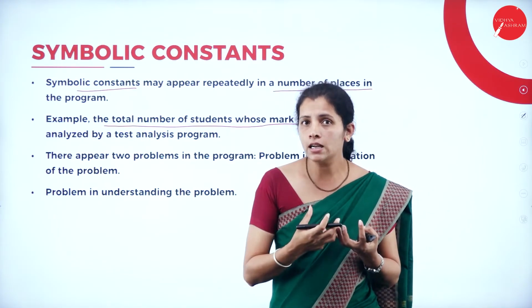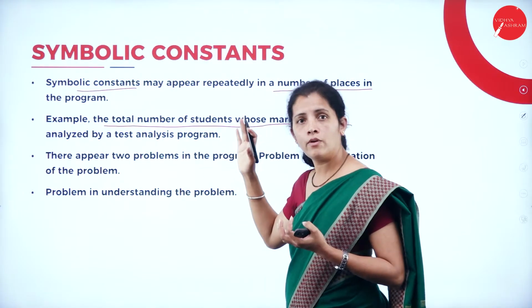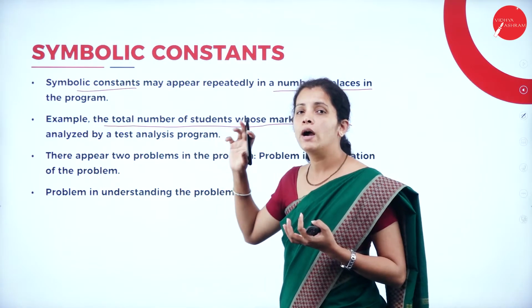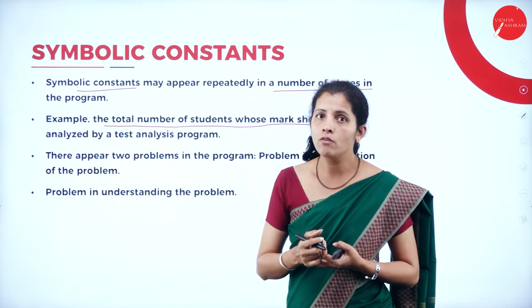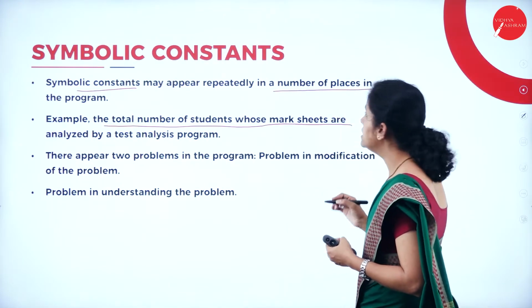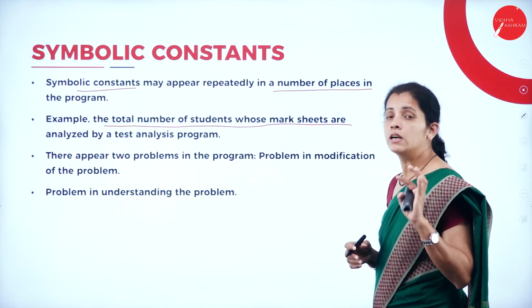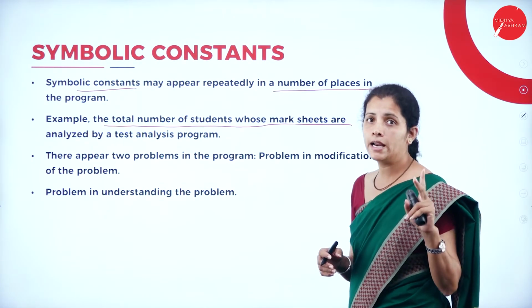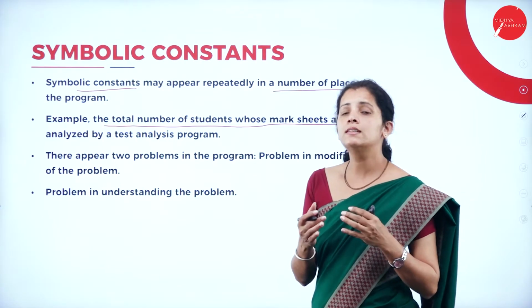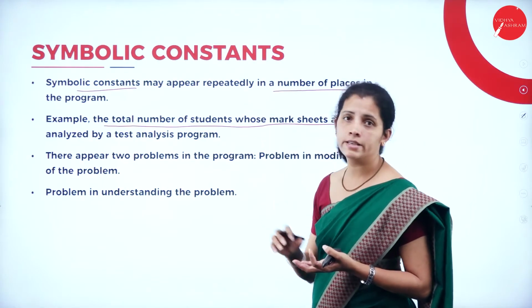There are certain values we use in our program very frequently. For example, if I consider the grade of a student, I have grade A, grade B, grade C. These are constant values, and these are symbolic constants.